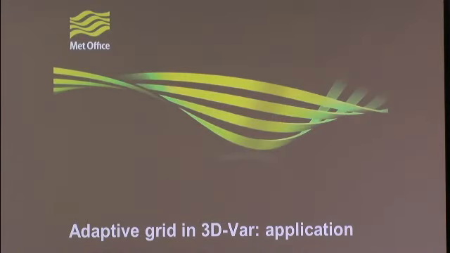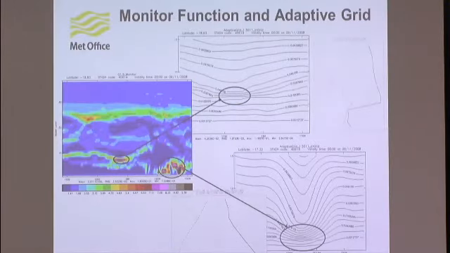So now we'll go through the application of it. This is an example of the monitor function. This is model levels on the y-axis against longitude, and this is based on the background state, so a 6-hour forecast in general.